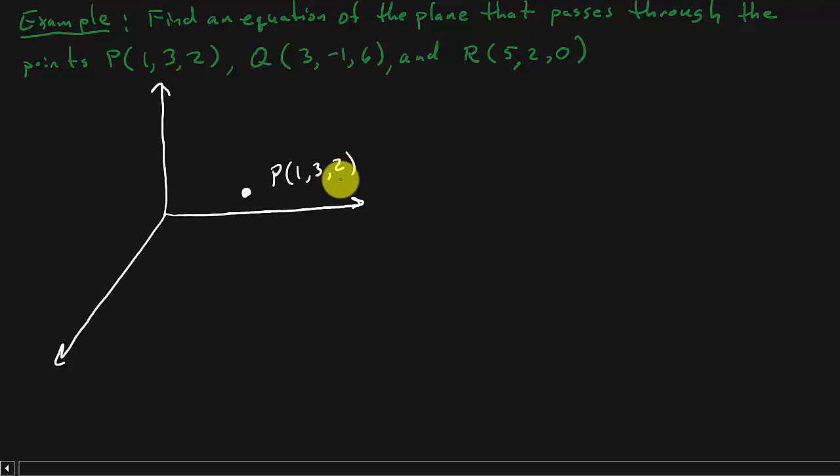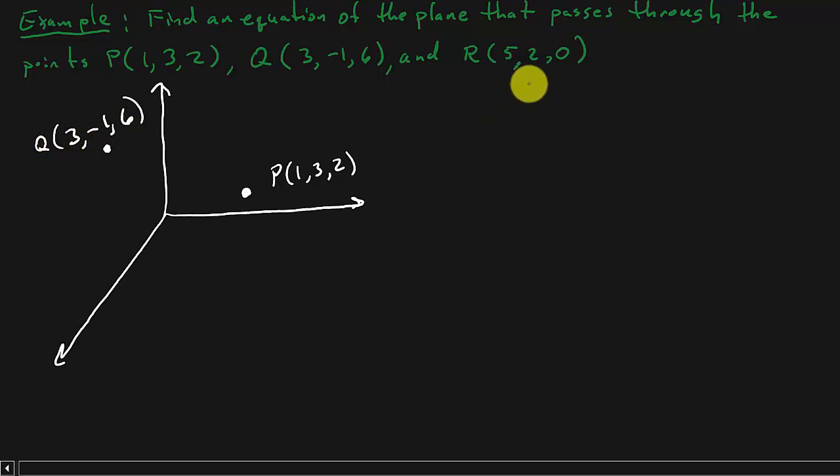Okay. And then let's plot Q. So I'm going to go 3 and then negative 1 going this way. So they're going to intersect about right in here. And then we go up 6. And so that's probably going to be a point about right in here. So Q is going to be 3, negative 1, 6. And I'm just sketching this kind of rough.